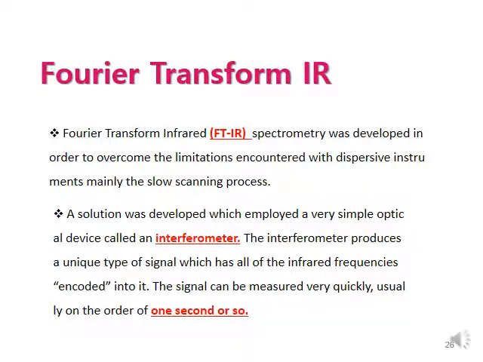Now let's look at the Fourier transform infrared. The Fourier transform infrared was developed to overcome the limitation of the dispersive infrared spectrometer. The FTIR is much faster compared to the dispersive infrared spectrometer.